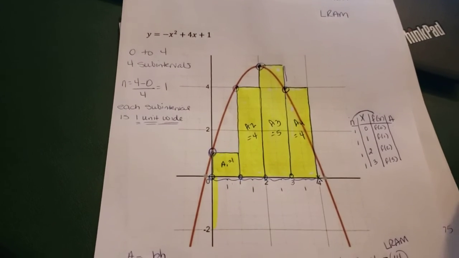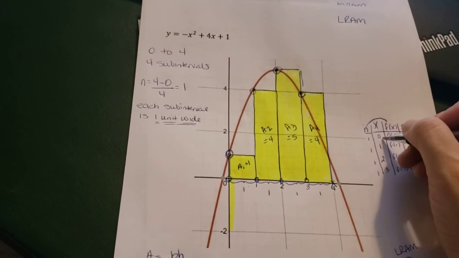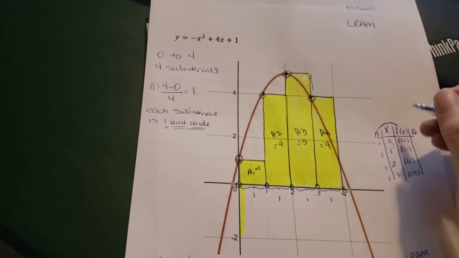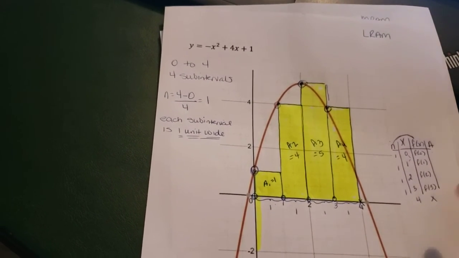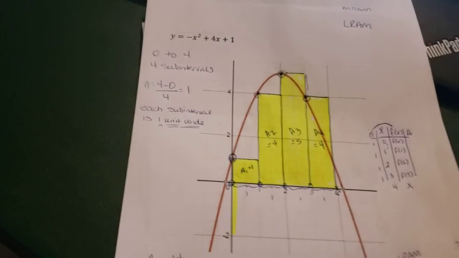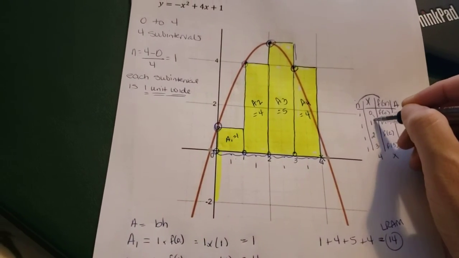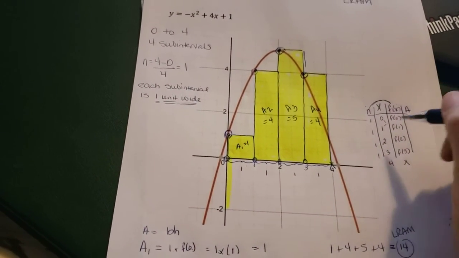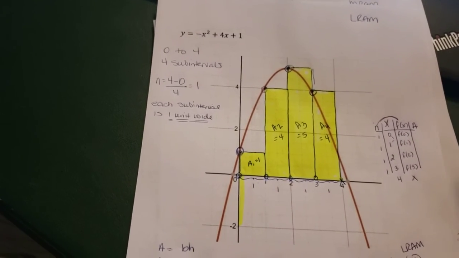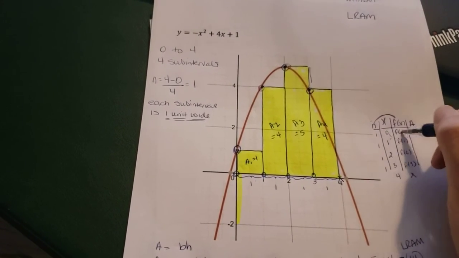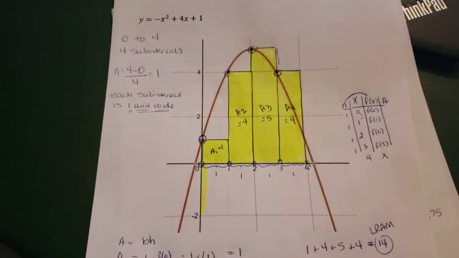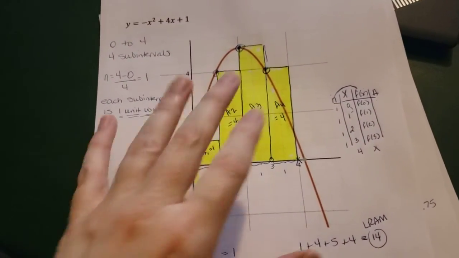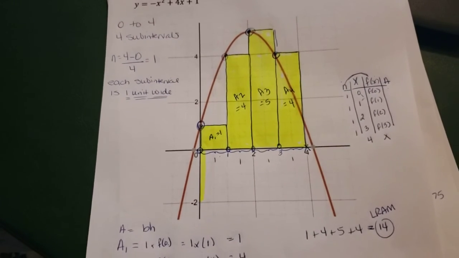Understanding though, if you were doing a midpoint, you'd want to use the points in between. And then f of 4 didn't get used at all. If you were doing a right rectangle approximation, you wouldn't use the first one. So what you really need to pay attention to is which points are being used to calculate your areas.